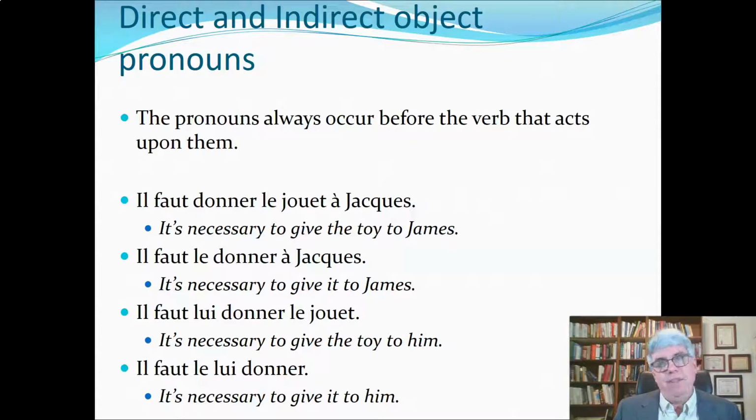So even though it seems like French has rules that are infinitely complicated, English has them too. And the way our brain is designed, we just naturally pick these things up when we were a child. So it's necessary to give it to him, or it's necessary to give him it. For this class, let's keep things simple and always put the to in with the indirect object.